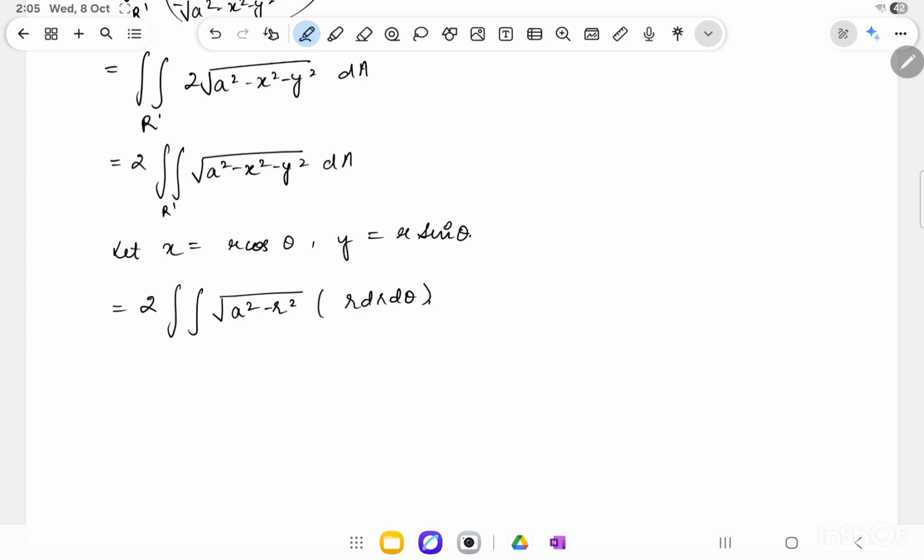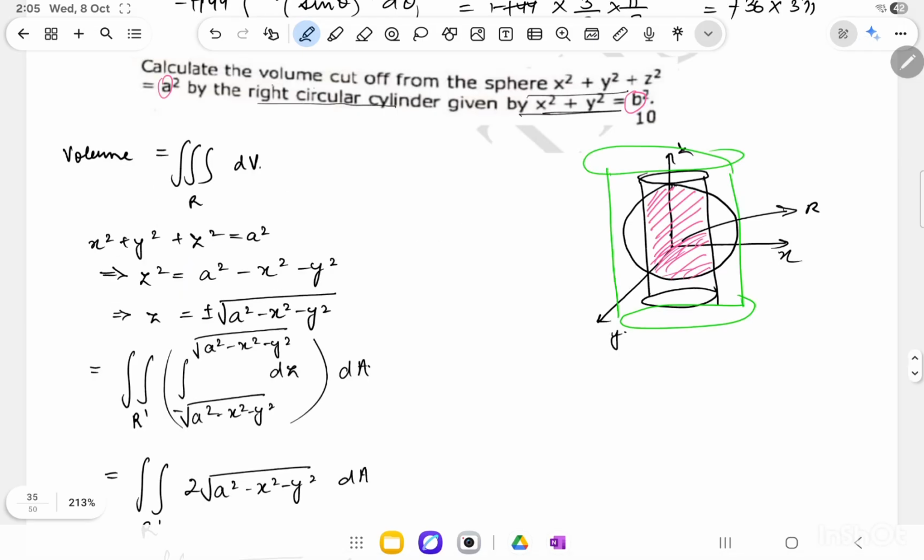Now if we simplify the limits, theta will vary from 0 to 2 pi and r will vary from 0 to b, that is the radius of the cylinder, because the common volume depends on the radius of the cylinder, not on the radius of the sphere.